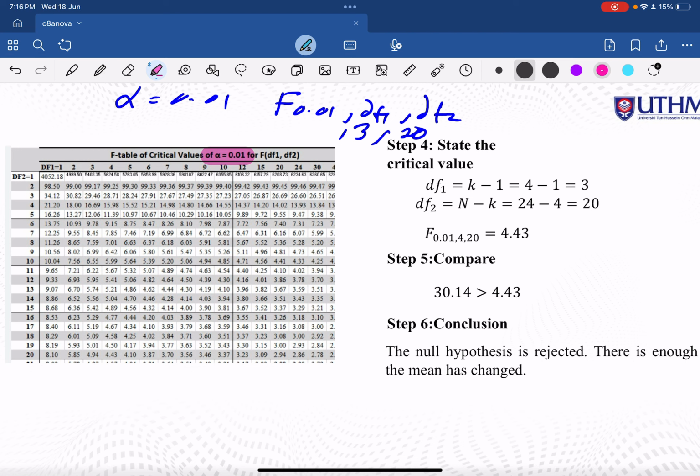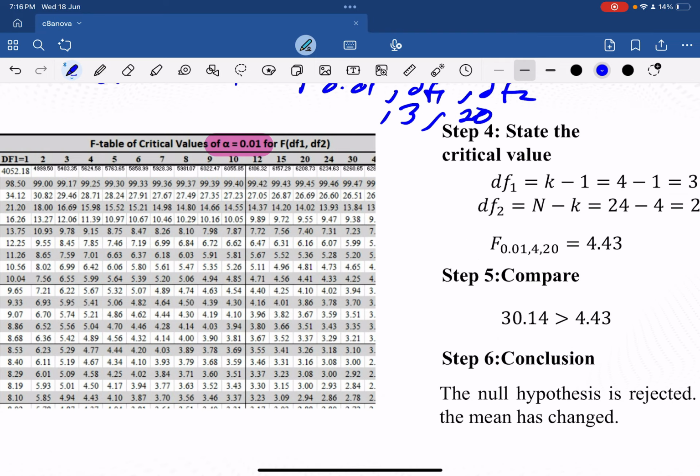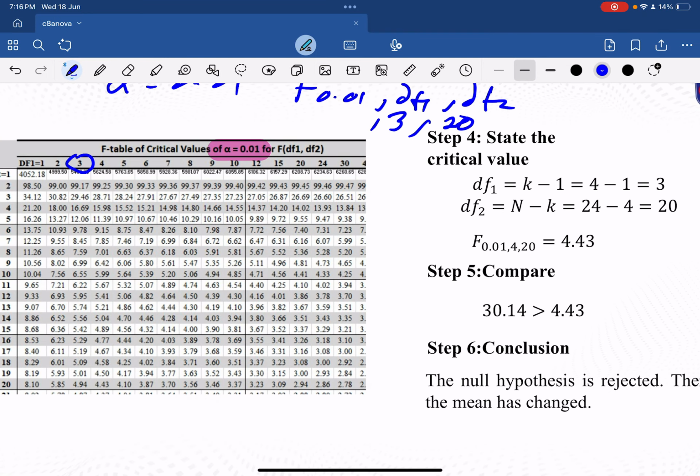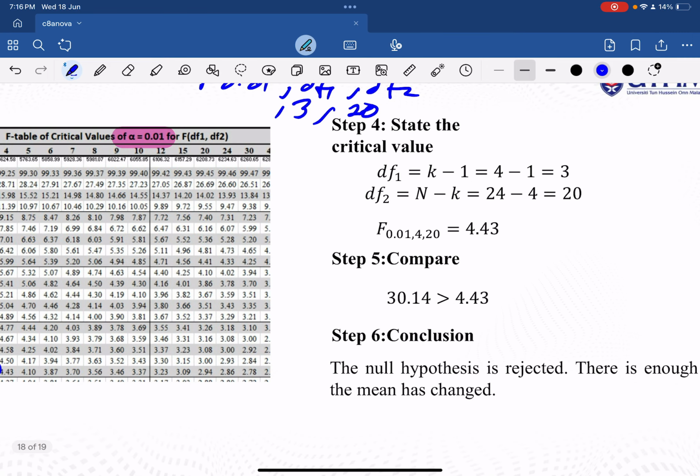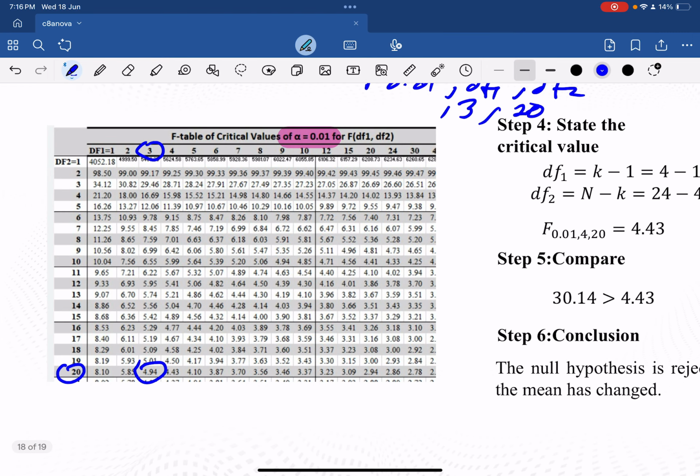So you just need to find the value from the table using the degree of freedom 1 is what? 3 and 20. So our value here is 4.94. Is it? So there's a mistake here.